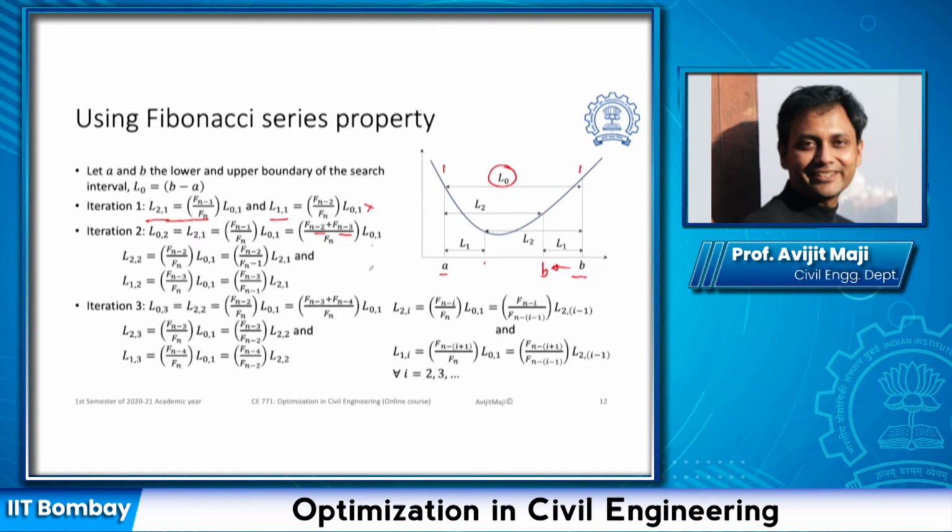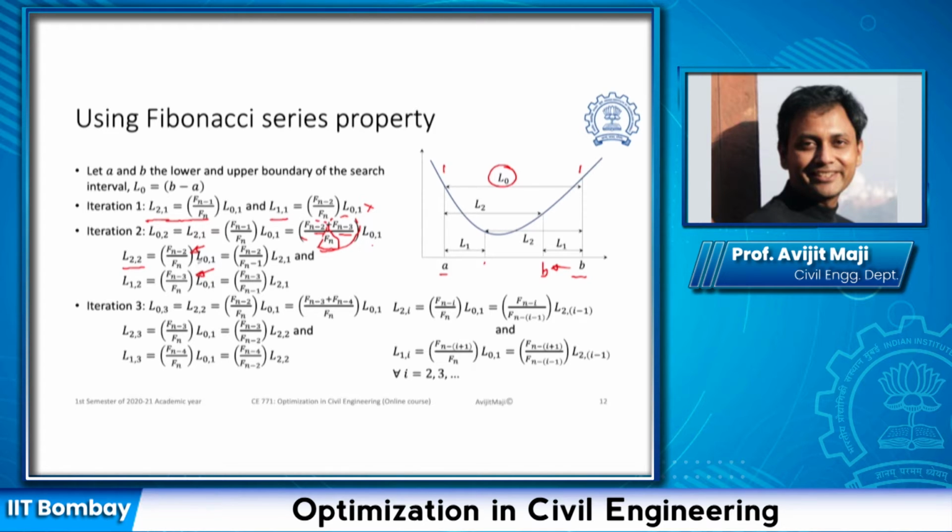And then if we are further dividing the two regions, we can say L2 in the second iteration is going to be one component of this, which is here, and the other one is going to be this component, which is here.